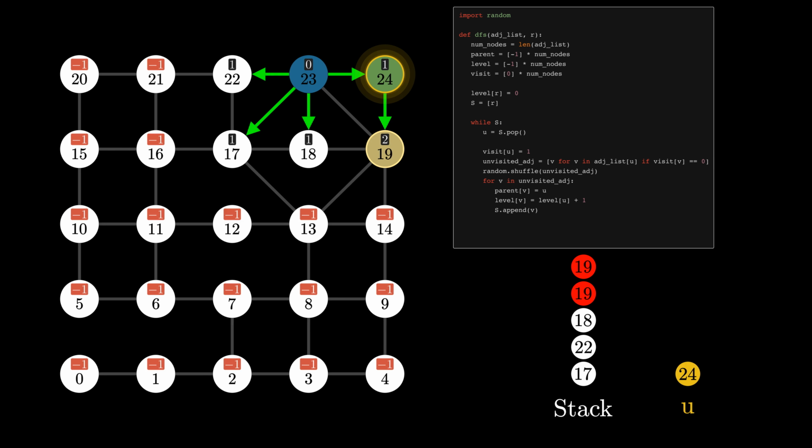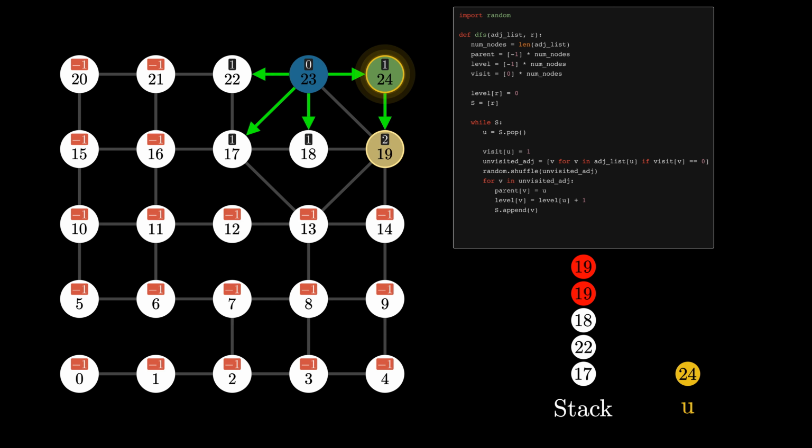Why is that? Because the algorithm proceeds until the stack is empty, and the stack can only be empty if all nodes have been popped from the stack. And if a node occurs multiple times in the stack, then it's clear that at some point the visited node will be popped from the stack. Therefore, you will probably see in most implementations that there is also an if condition here that always checks whether a popped node has already been visited.